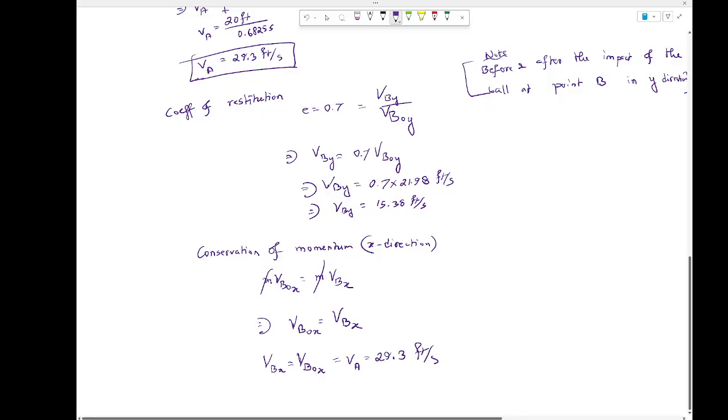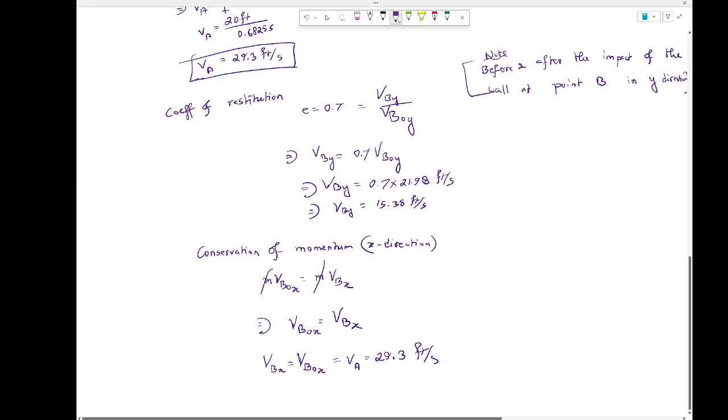Now you start to see why I'm saying that. You can do the conservation of momentum again for A and B position, right? The mass is the same, so the x velocity is never changing. Everyone understand? And how did you find that velocity? From the distance d, 20 feet, right?